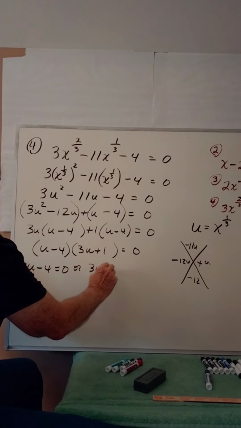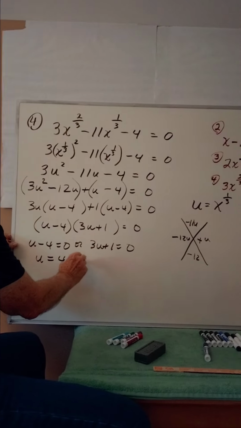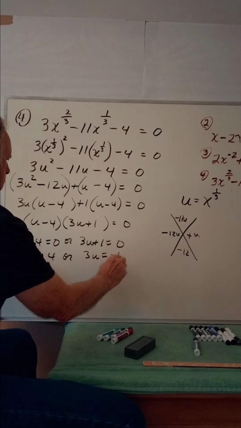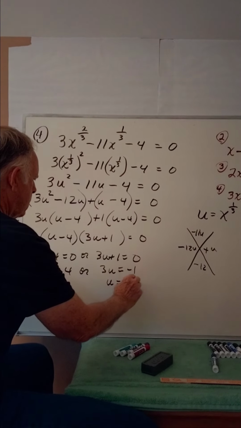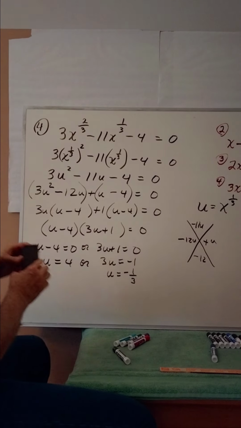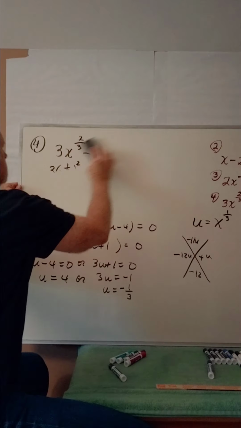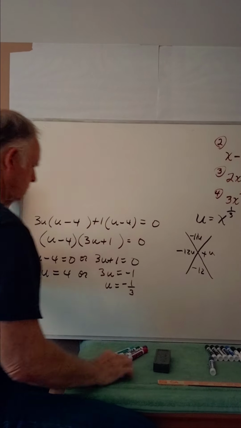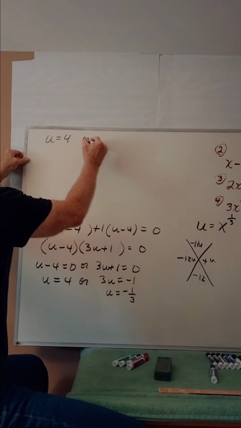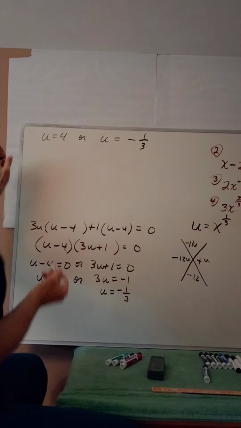Or 3u plus 1 is equal to 0. u is equal to 4, or 3u will be equal to -1. That would make u equal to -1/3. Erase some of this up here. u is equal to 4, or u is equal to -1/3.